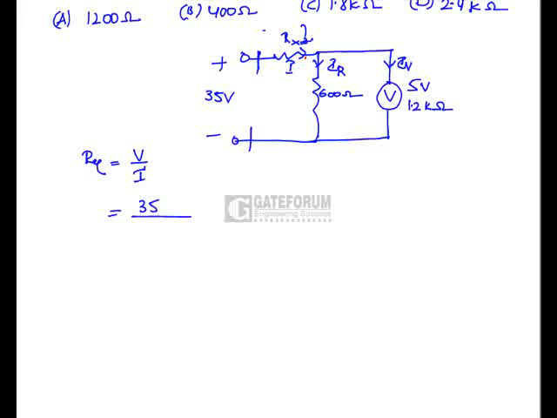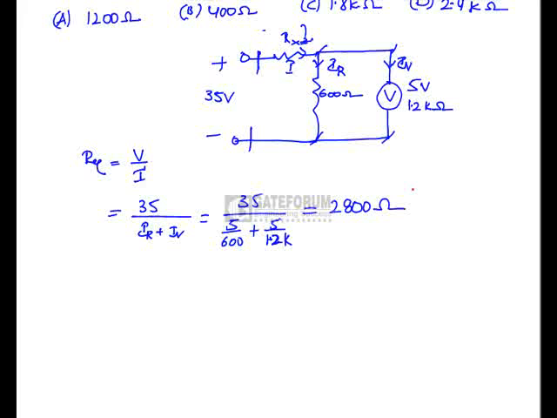The total current I is the summation of IR plus IV, so it is 35 by, now what is the voltage across these two parallel branches, the 600 ohms and the voltmeter having 1.2 kilo ohm resistance? The voltmeter reading is given as 5 volts. So I can write IR as 5 by 600 plus IV as 5 by 1.2 kilo ohms, or you can write it as 1200 ohms. Now if you simplify this one, you will get around 2800 ohms.